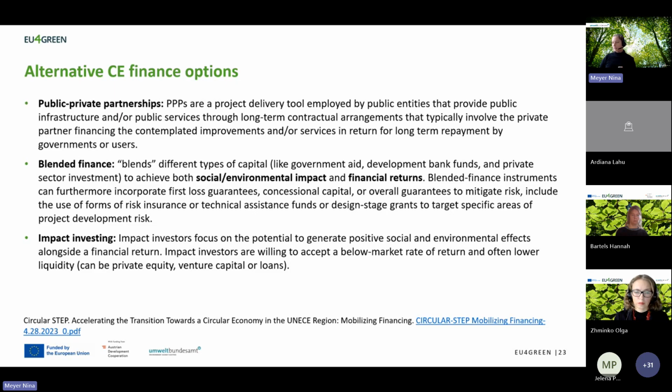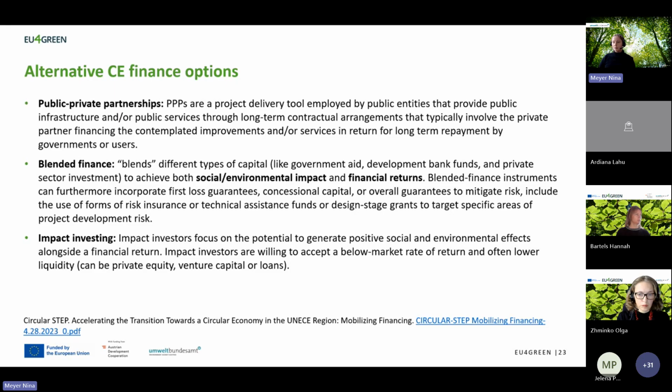We have public-private partnerships, shortened to PPPs, that are a project delivery tool employed by public entities that provide public infrastructure and or public services through long-term contractual arrangements that typically involve the private partner financing improvements and or services in return for long-term repayment, either by governments or users. Then we have blended finance. It's called blended because it blends different types of capital, which can be from government aid, development bank funds, private sector investments, so really any kind of capital.